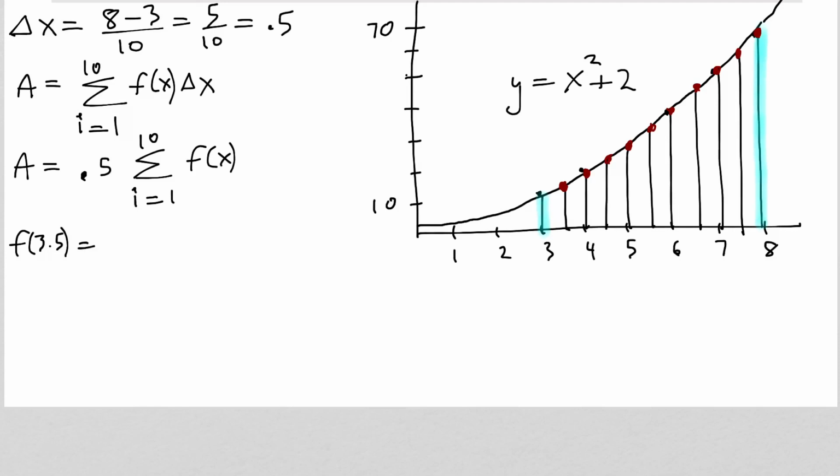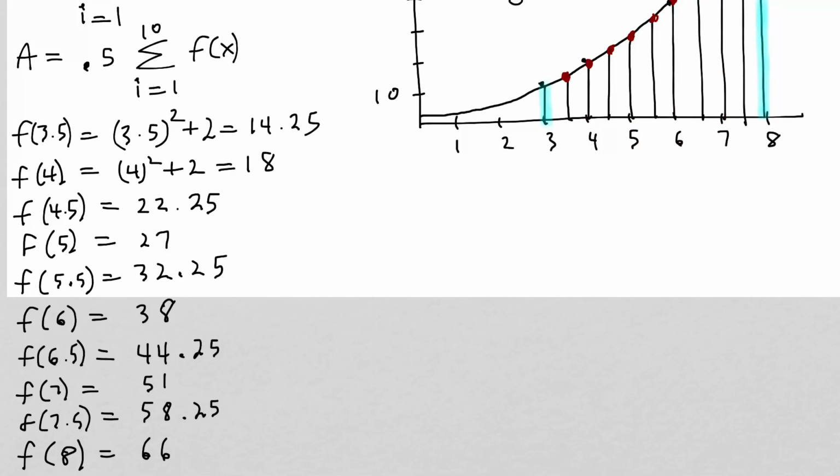So that's equal to 3.5 squared plus 2. So that comes out to be 14.25. So you're going to go ahead and do this for all of the right endpoints. So let me just make a little chart here.